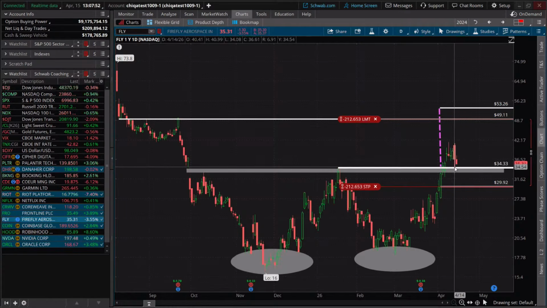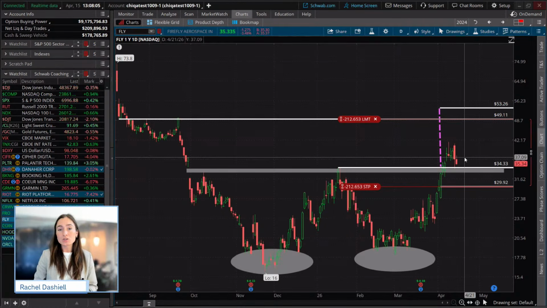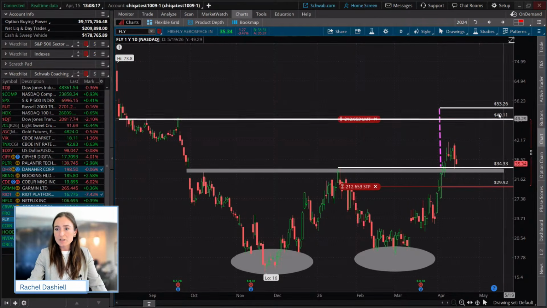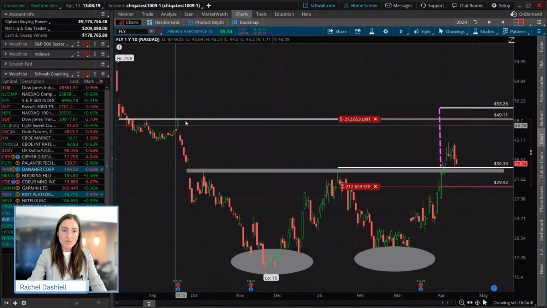Now, if we do have a hold or close above the high of the low day, a confirmed bounce from this level, that may give traders even more conviction to possibly add to this position, or may give traders that missed that initial breakout another chance to possibly enter into a position in this double bottom retest of Firefly. So again, we have our measured move to the upside, but we're stretching out at that resistance there. So that trade's still in.